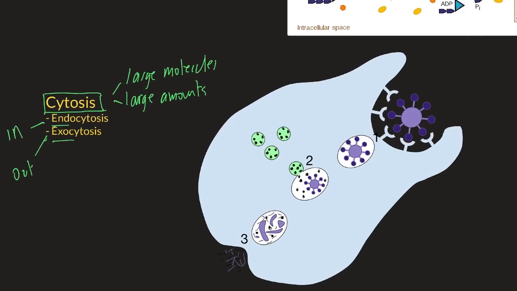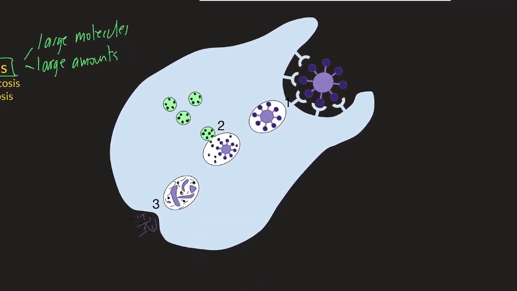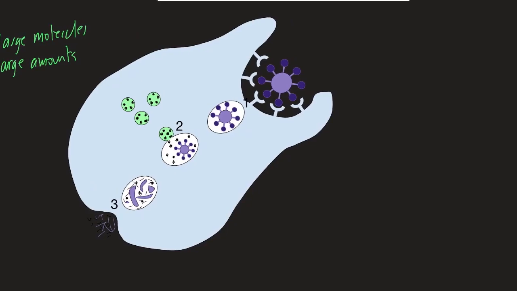So let's look at endocytosis first of all. This here is an example of a phagocyte, and so this process is called phagocytosis. Now, phago means to eat, cyte, cell, so it means cell eating. And you can see here, this is the phagocyte cell, and it is eating this foreign cell here that looks a lot like a virus, probably even a coronavirus.